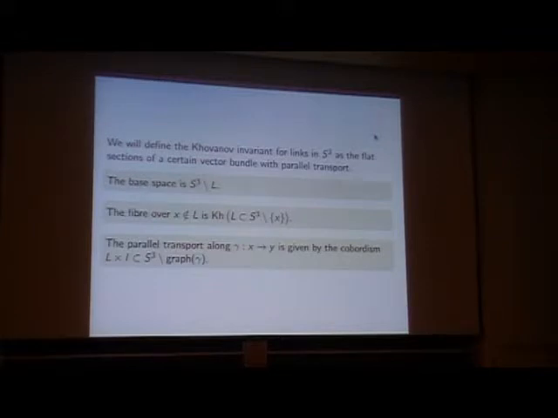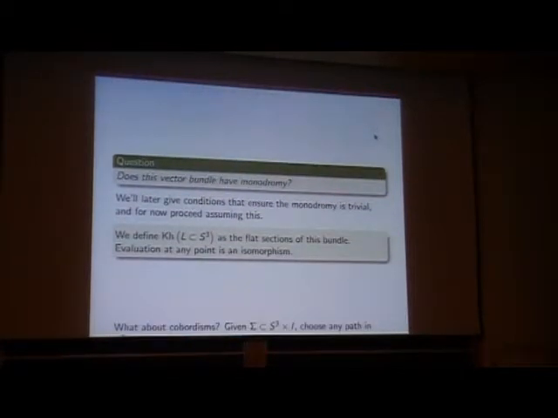This now looks like some surface in something that looks like B3 cross I, so Khovanov homology gives us a map between the two fibers. So I've built this vector bundle with a parallel transport, and we'll just define the Khovanov homology of a link in S3 as the flat sections of this bundle with parallel transport.